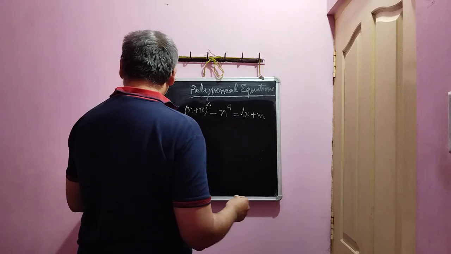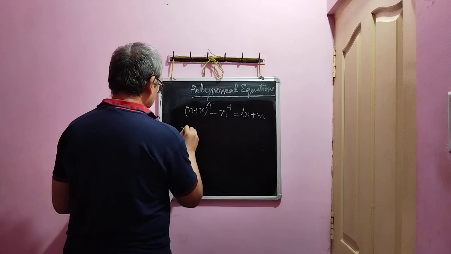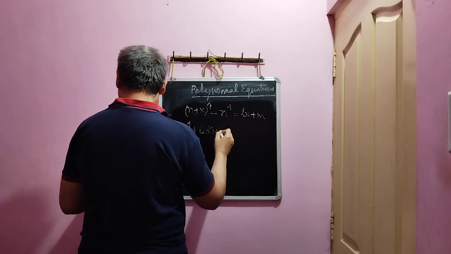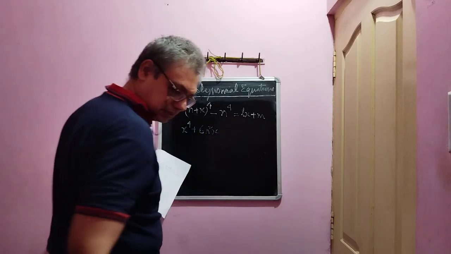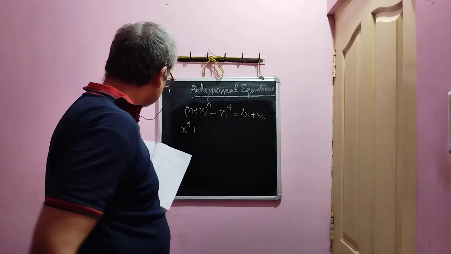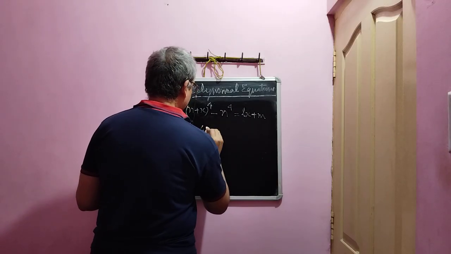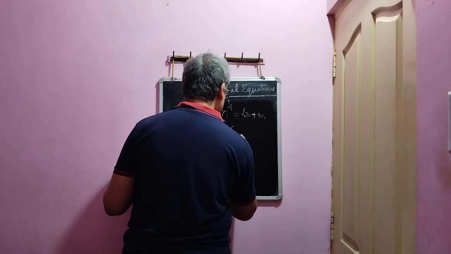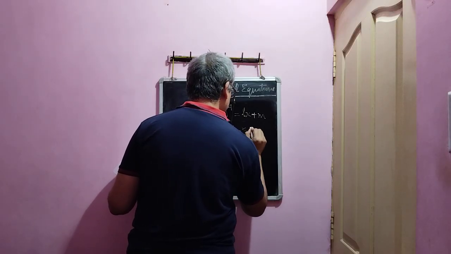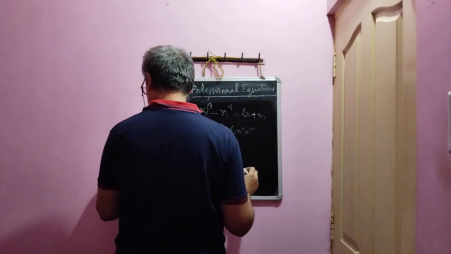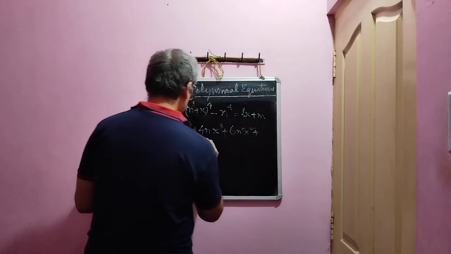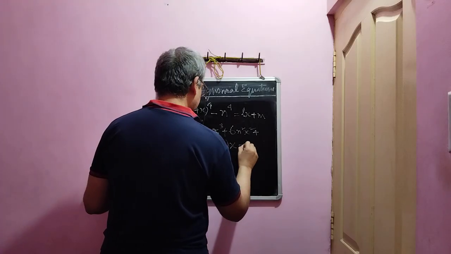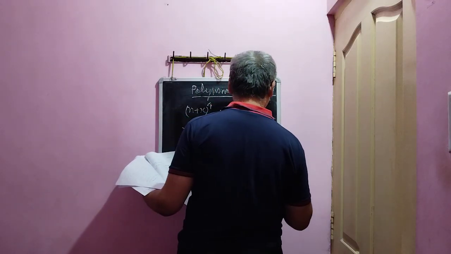So doing all of that same thing again, you will come up with this equation: x power 4 plus 4n x cube plus 6n square x square plus 4n cube minus L times x minus m equal to 0.